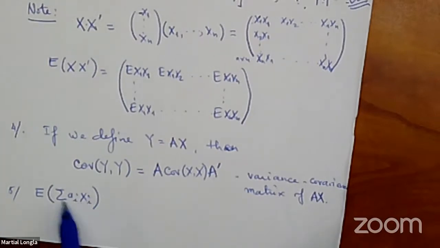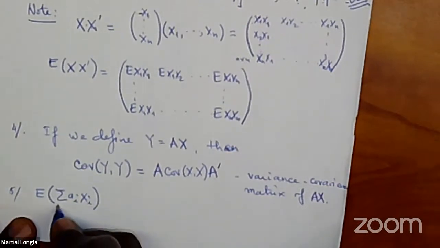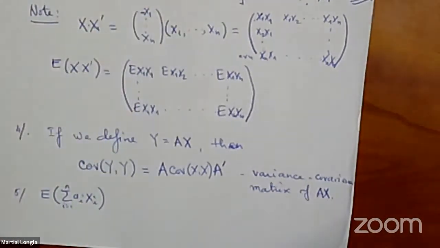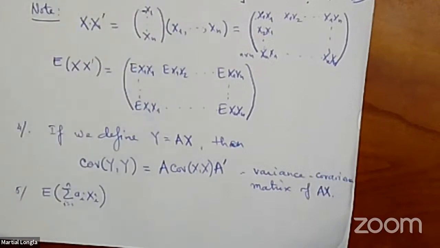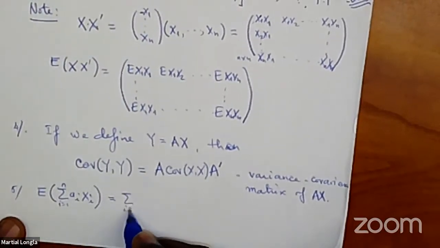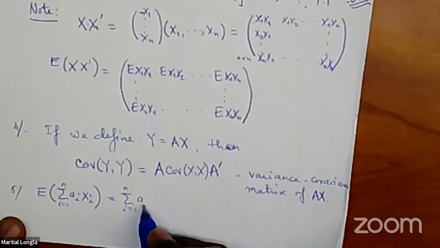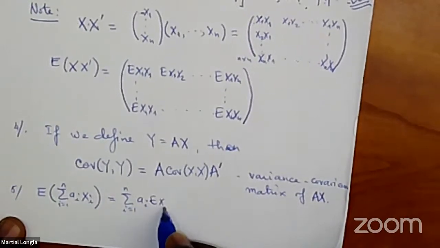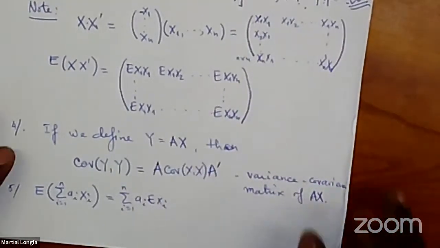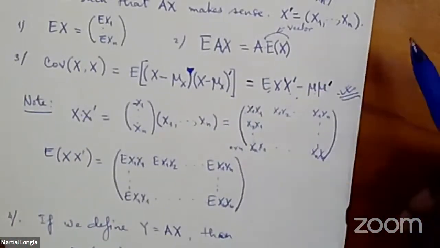So this is not a vector, it's one number that is the sum of a_i x_i, i from 1 to n. And an application of this would tell you that the answer is the sum, i from 1 through n, of a_i times the expected value of x_i. That's an application of the original formula we have on the top here.